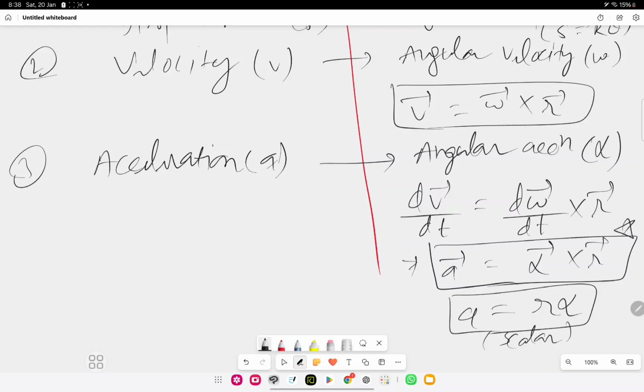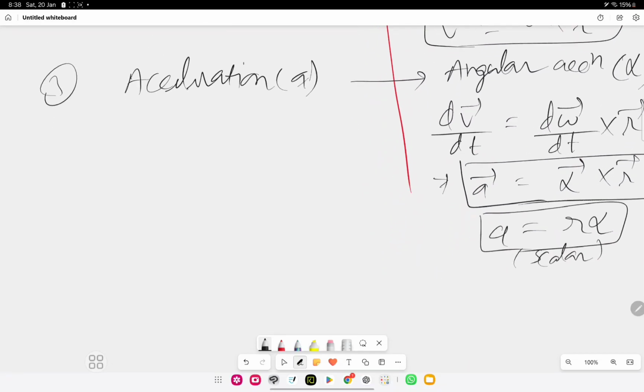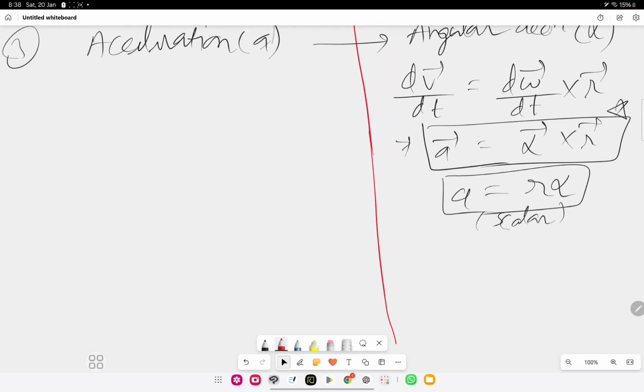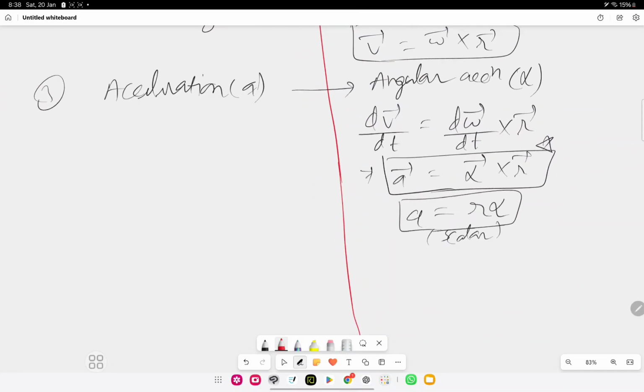Next, some more common things, like how we define force and torque in linear motion and angular motion.